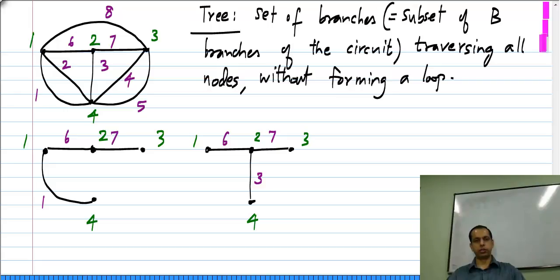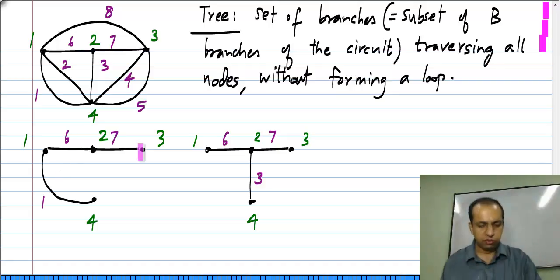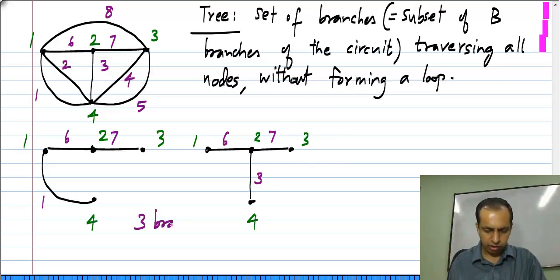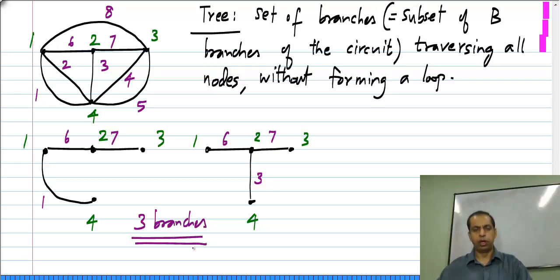So, this is also a tree, and you can form many others. Now, one thing you notice is that both of these trees have 3 branches. You can make any number of trees from this circuit, and you will find that all of them will have 3 branches.